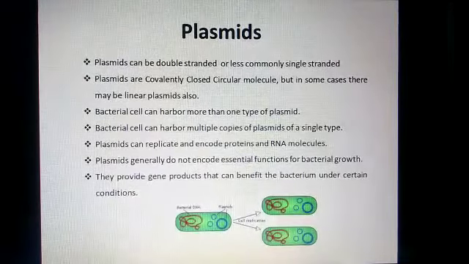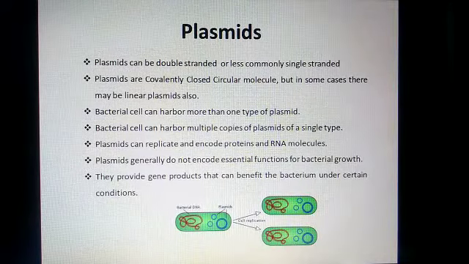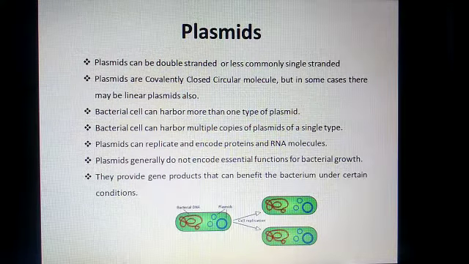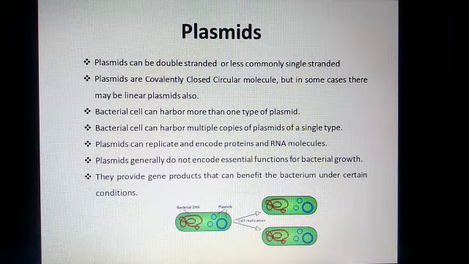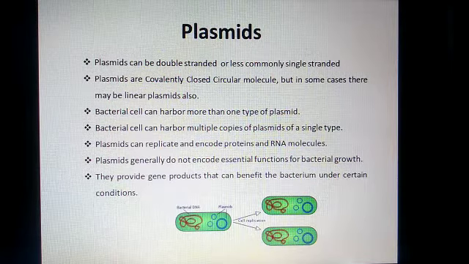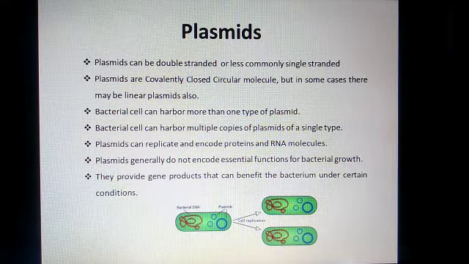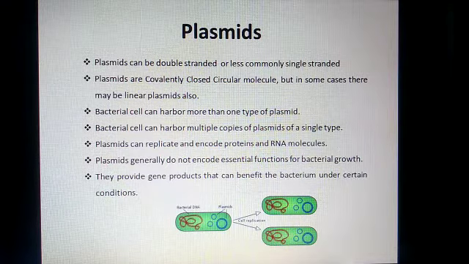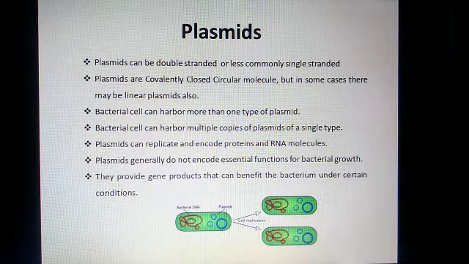Now, plasmids vary widely in size from a few thousand to hundreds of thousands of base pairs and are most often circular molecules of double-stranded DNA. However, some bacteria have linear plasmids and some plasmids are single-stranded DNA.